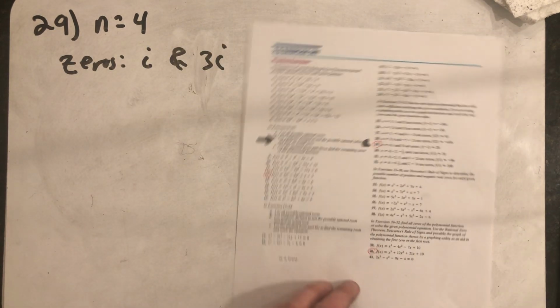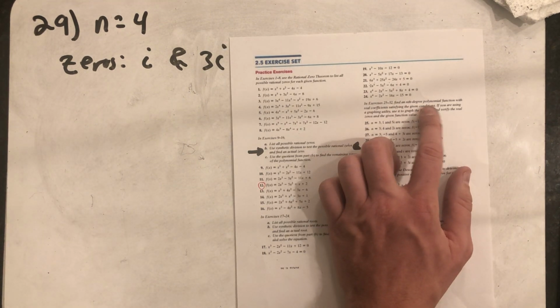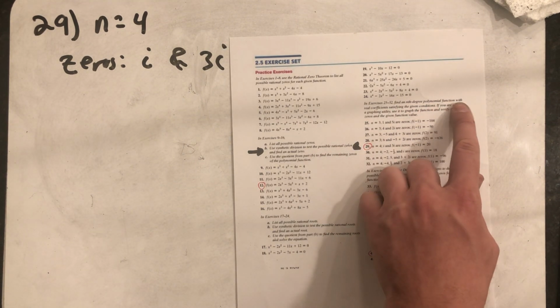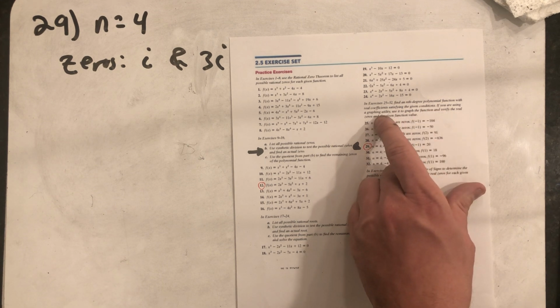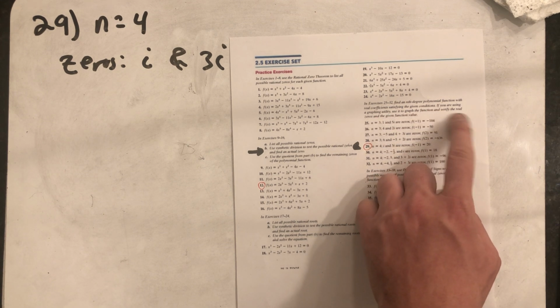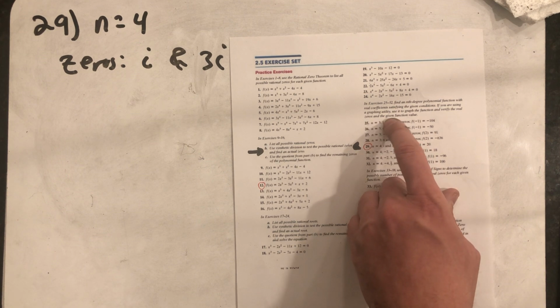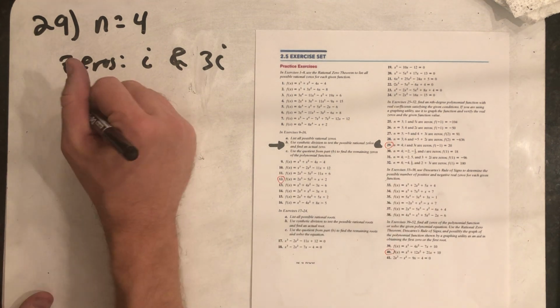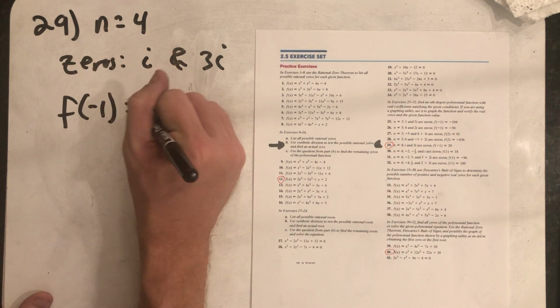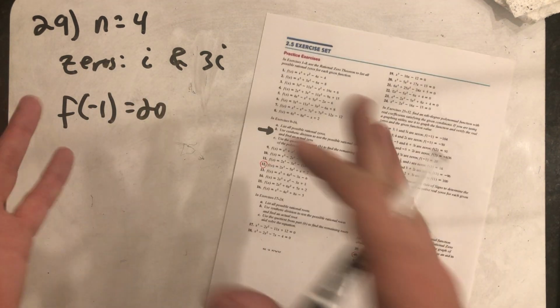All right, the instructions here: find an nth degree polynomial function with real coefficients satisfying the given conditions. If you're using a graphing utility, use it to graph the function and verify the real zeros and the given function value. And I guess the one thing I haven't written down yet is that f of -1 is equal to 20.